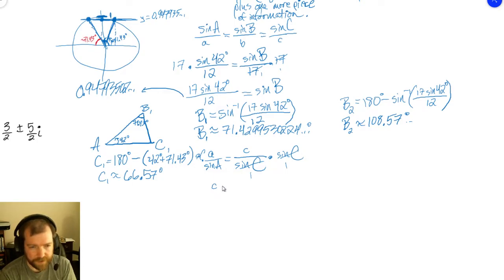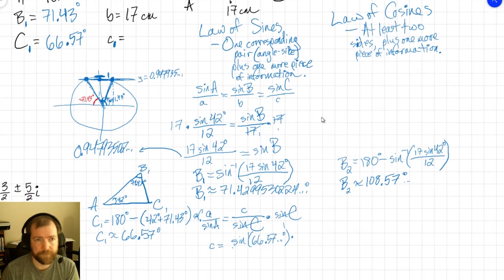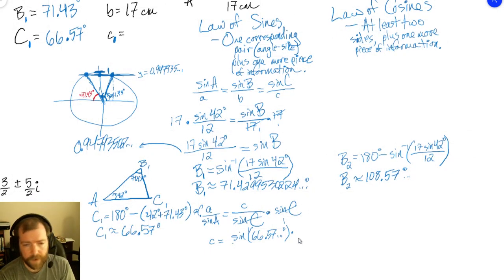This gets us little c is equal to the sine of 66.5700, etc. degrees times A, which was 12, divided by the sine of 42 degrees.